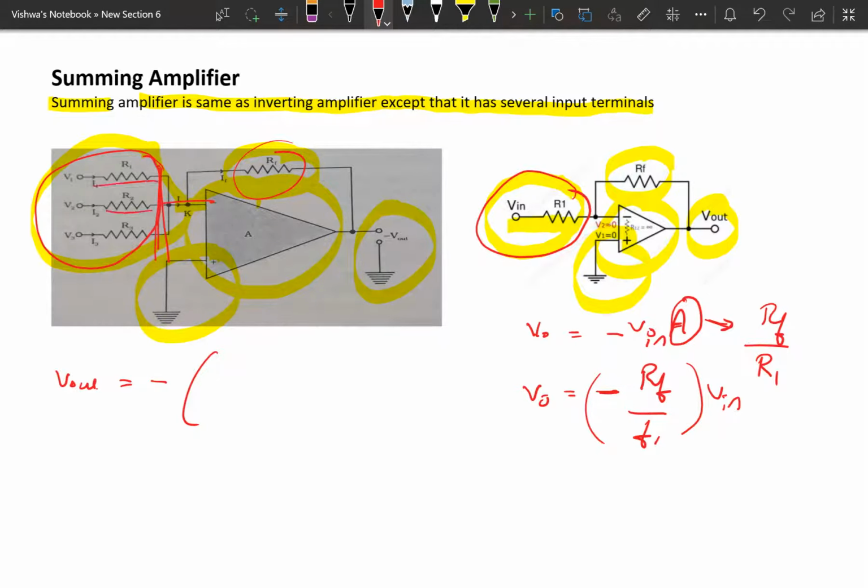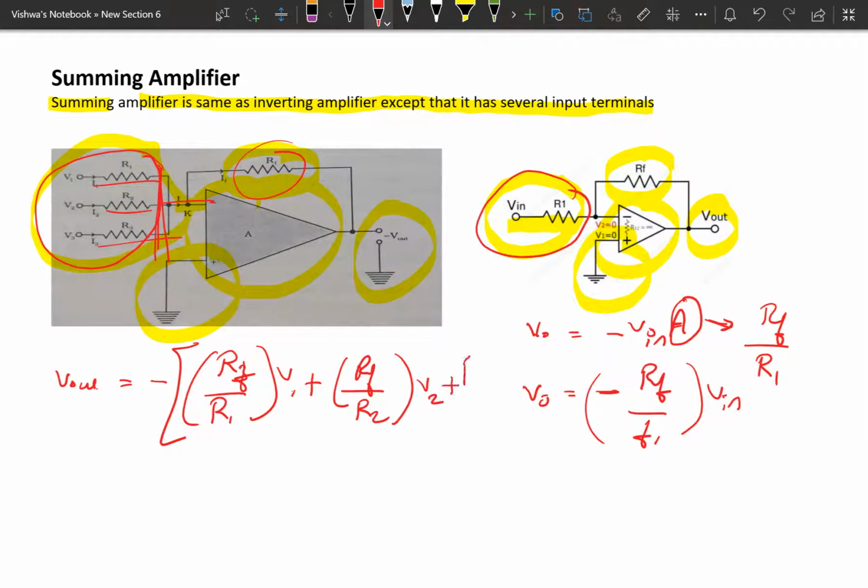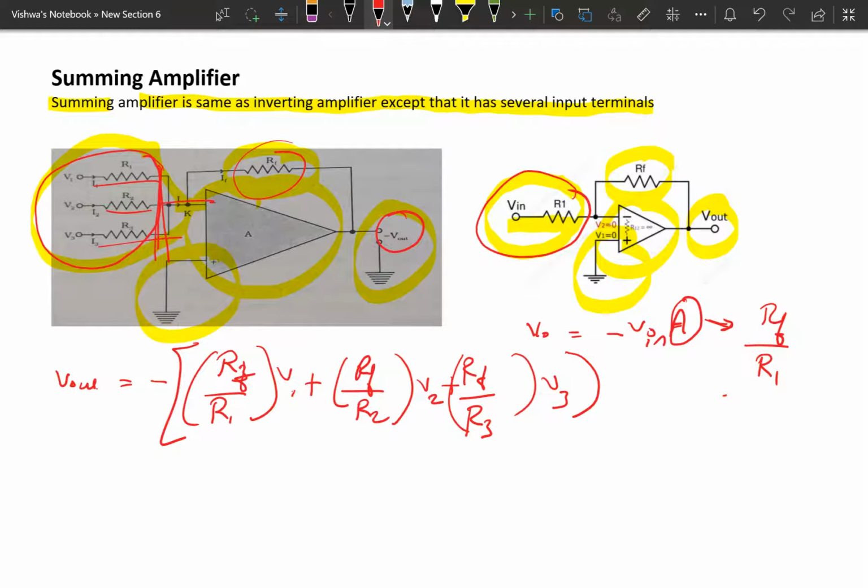I will write it in 3 terms: Rf by R1 times V1, plus Rf by R2 times V2, plus Rf by R3 times V3. So this is the output voltage of the summing amplifier.